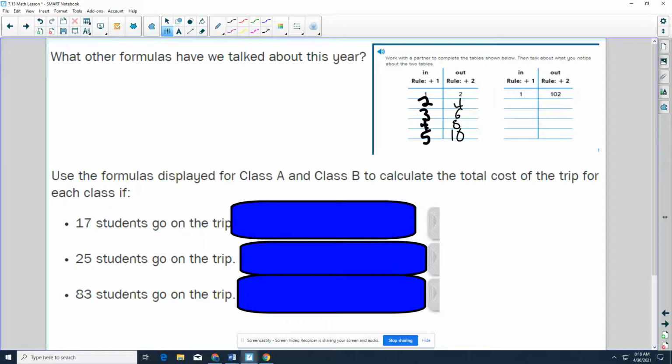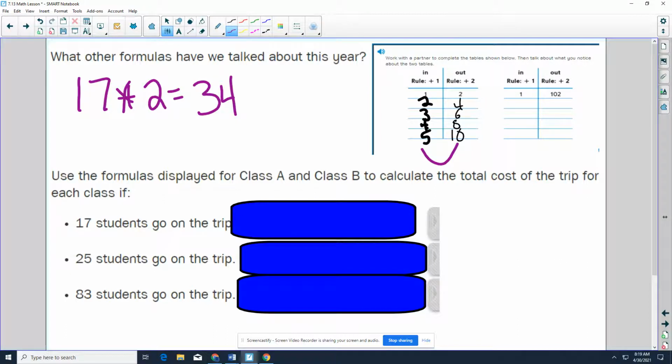So I'm only at 5, so I need to go up. But I notice a pattern here. Each time I'm taking the n basically and multiplying it by 2. So if I have 17 students, and I can multiply that by 2 because the n would be the students. So if I multiply that by 2, I end up with 34.